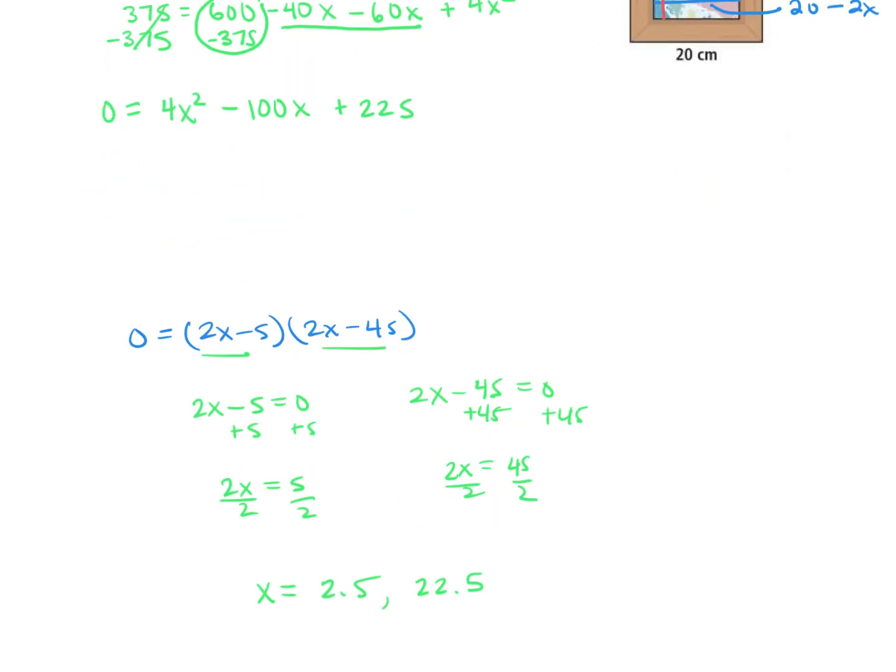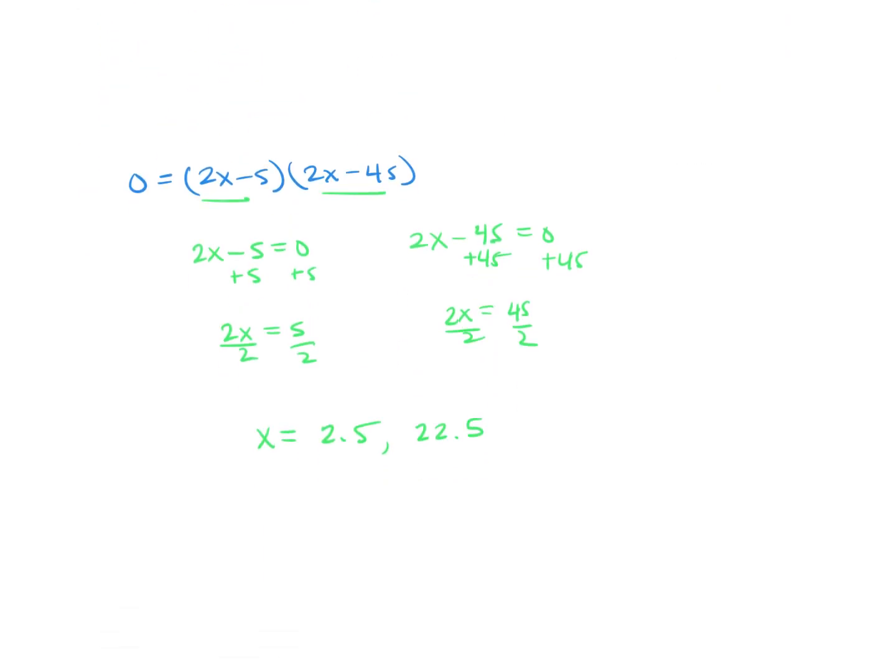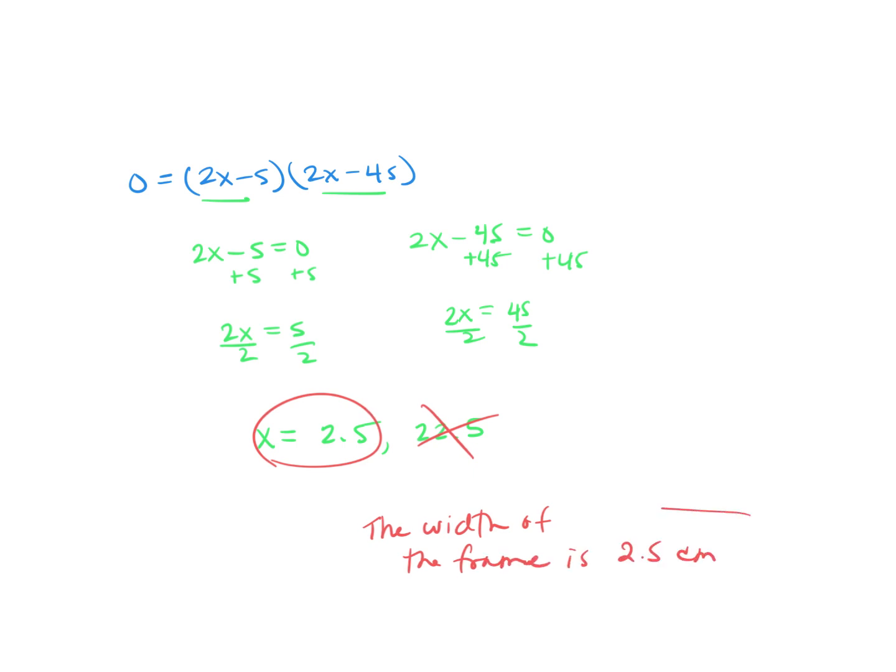So that 22.5 is just too big. It doesn't make sense when we go back and look at it. So x equals 2.5, which is the width of the frame. So the width of the frame is 2.5, and then our unit is centimeters.